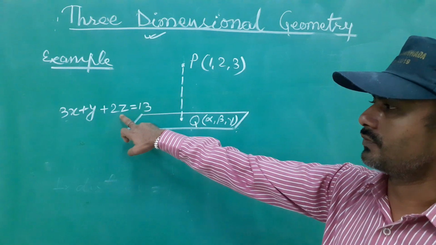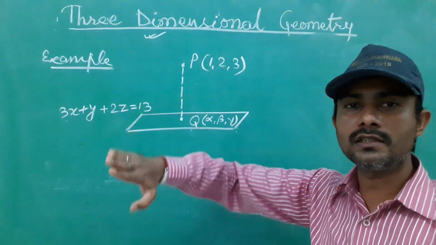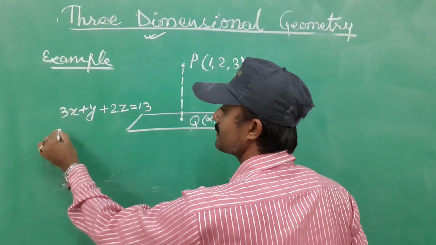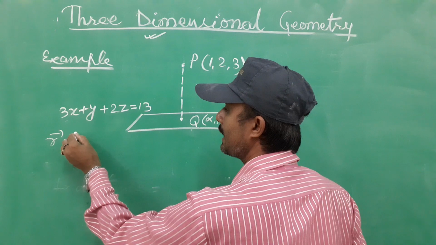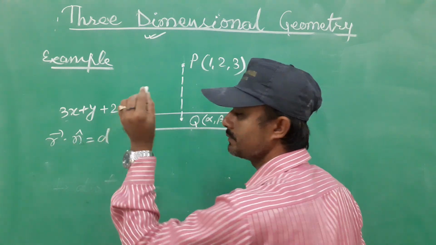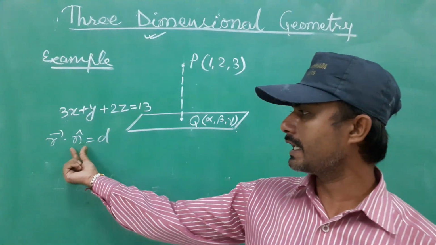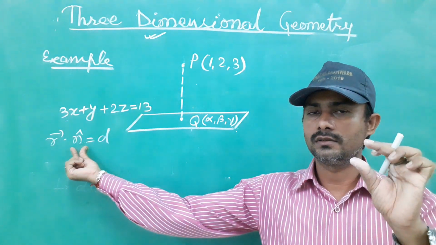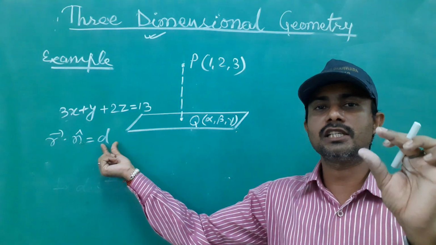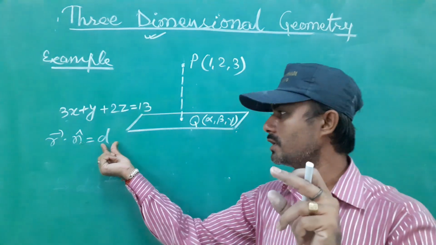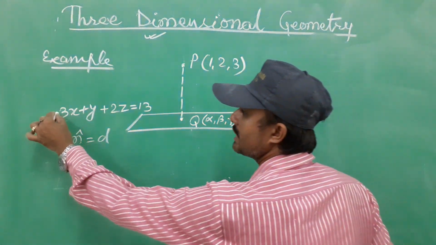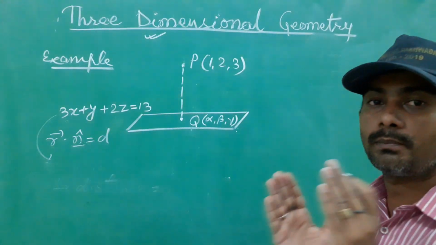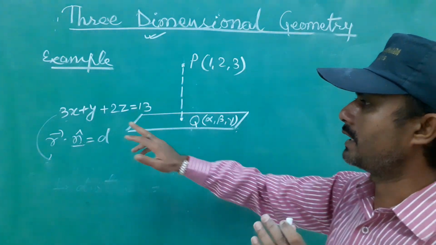This is Cartesian form. If we write it in vector form, this can be r vector dot n cap equals d. Here this n cap is the unit perpendicular vector and this d is the distance of the plane from the origin. So from this we can directly find the perpendicular vector to the plane.